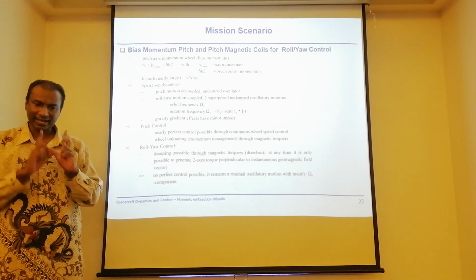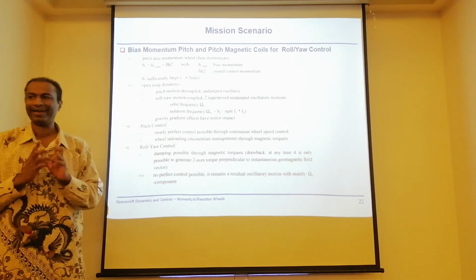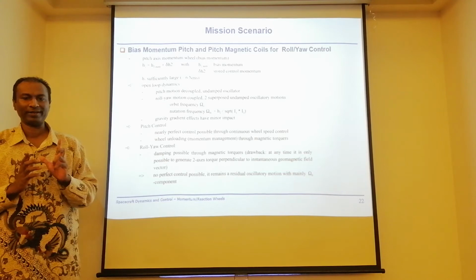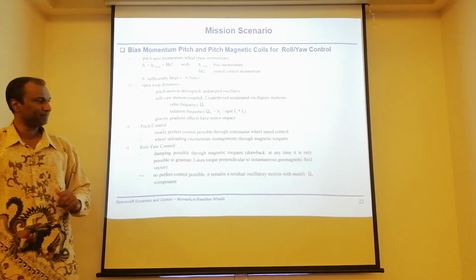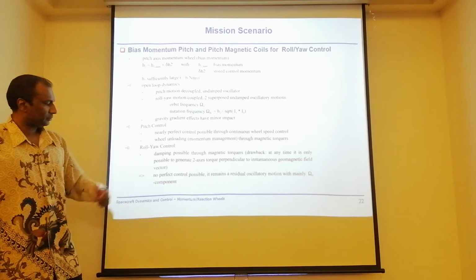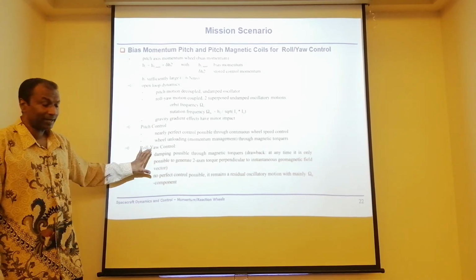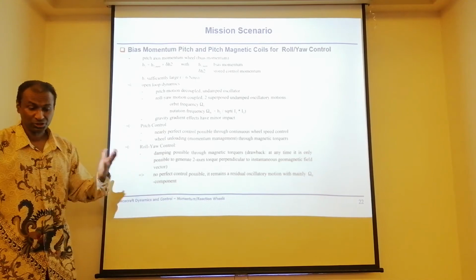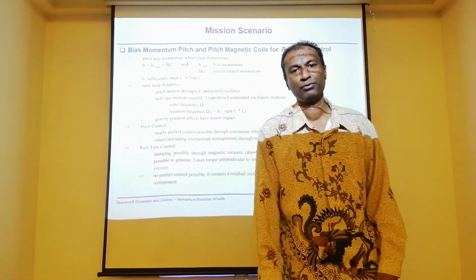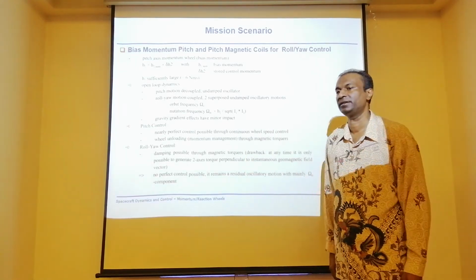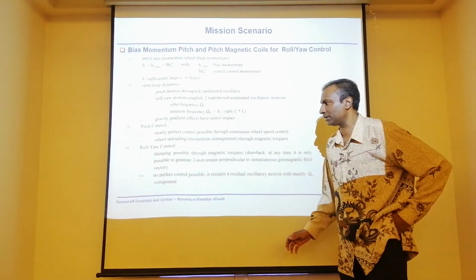You can get it perpendicular to 2 axes in order for you to find the torque, but not all 3 axes. Okay. No perfect control is possible. But again, don't forget, roll and yaw at 0.5 degrees with very low cost control options that you have. You can still actually have 0.5 degrees of accuracy, which is reasonably well.